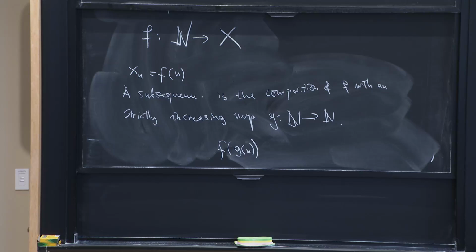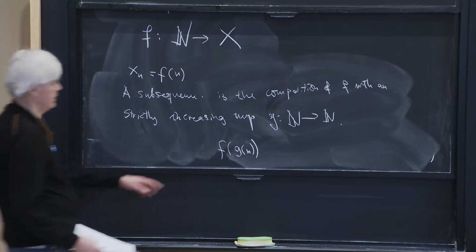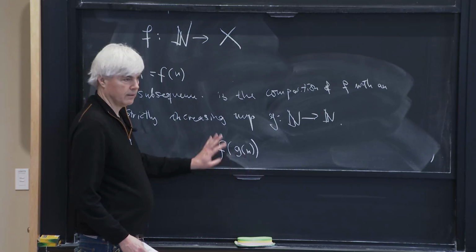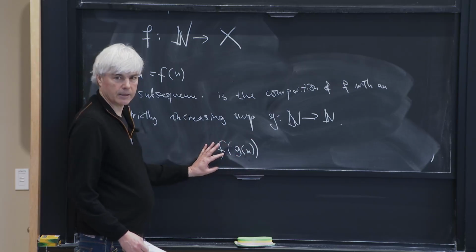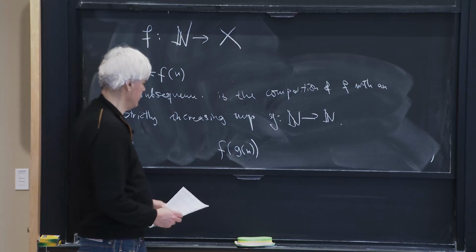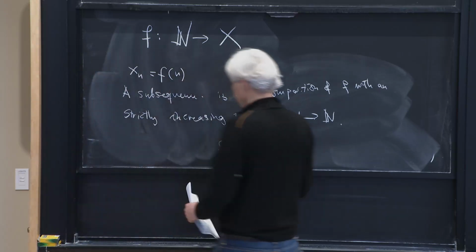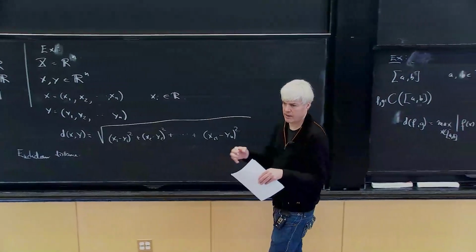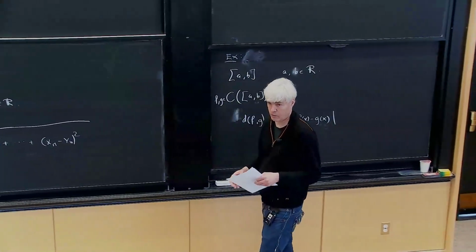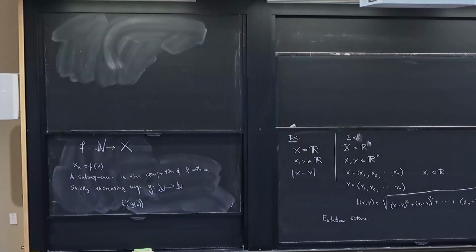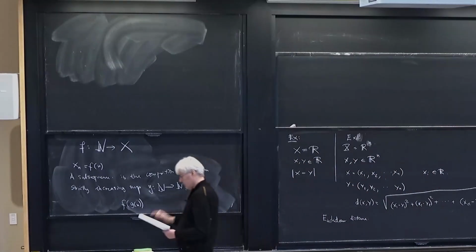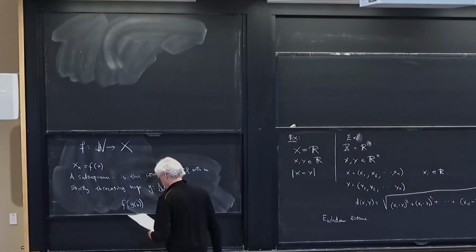So when you first apply g, it gives you another natural number, and the image of this is then an element in X. So that's a subsequence. And again, strictly increasing guarantees that the elements appear in the same order. You're picking a selection of them, but they appear in the same order as in the original sequence. Okay. So sequences and subsequences make sense.